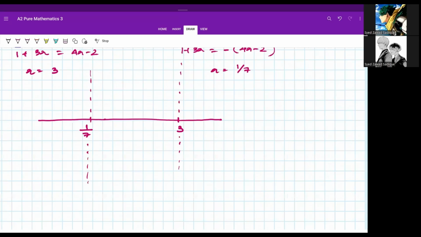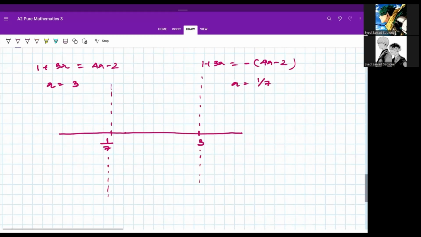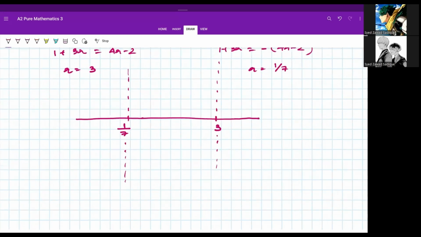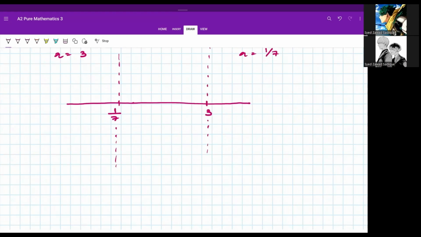Now, in this there are 3 sections: 1, 2, 3. In the first section, you have to use a value less than 1 by 7.